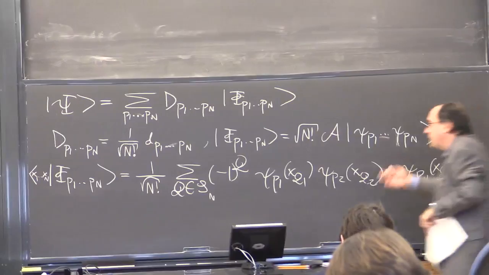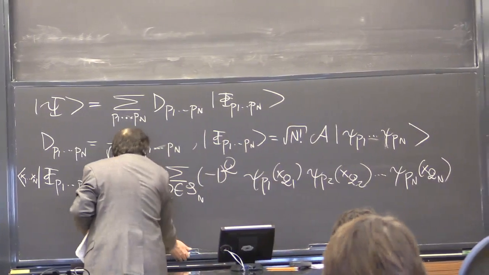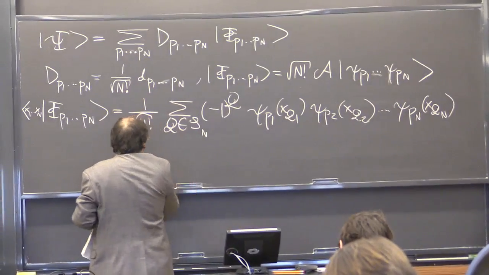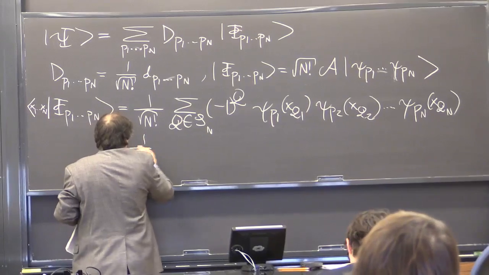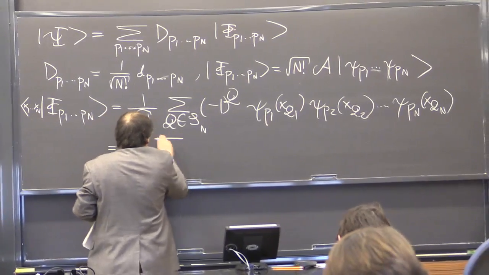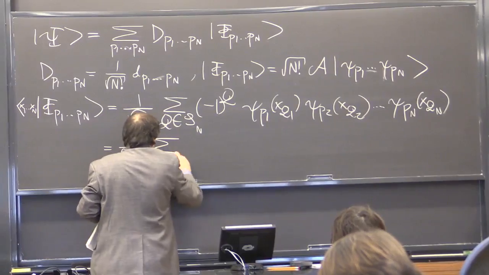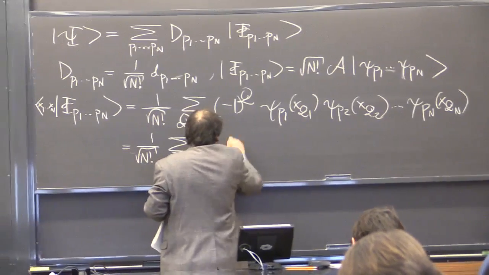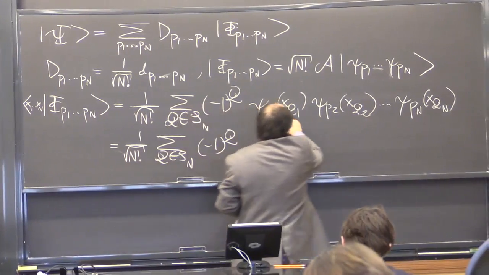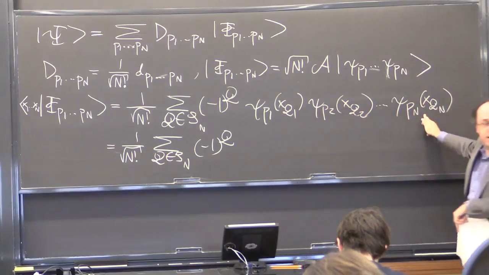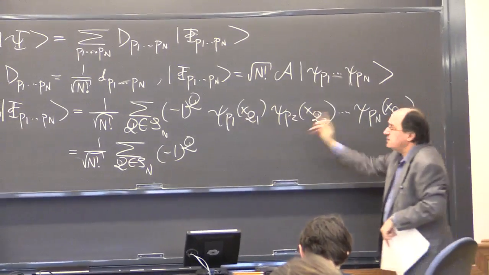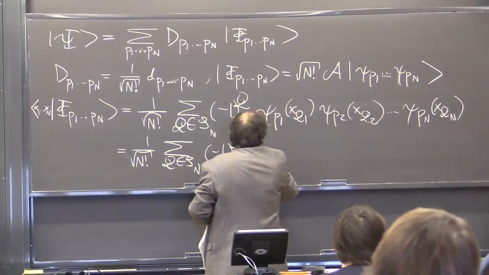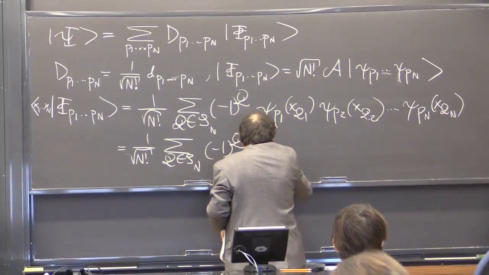I can also write this as 1 over the square root of n factorial, sum over permutations. And then we have the sign. And instead of permuting coordinates, as I'm doing here, I will permute indices. That's equivalent. So it's going to be psi p.